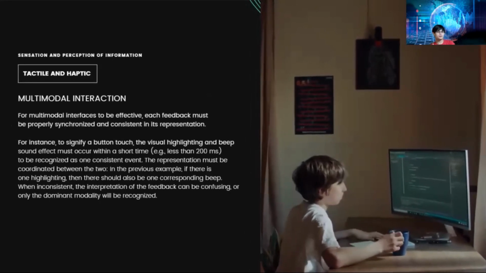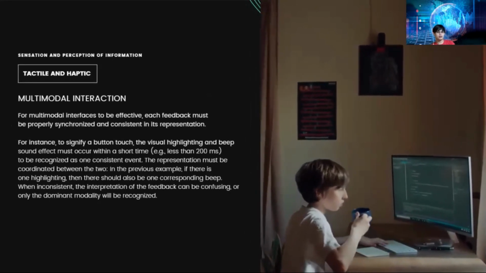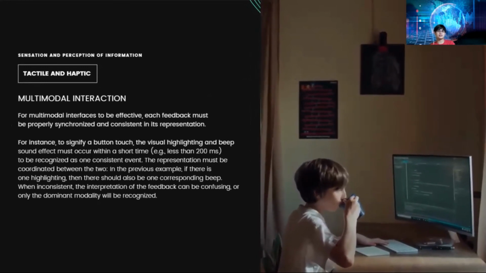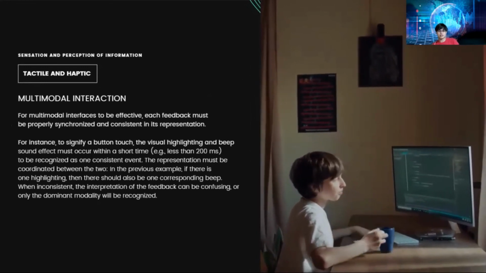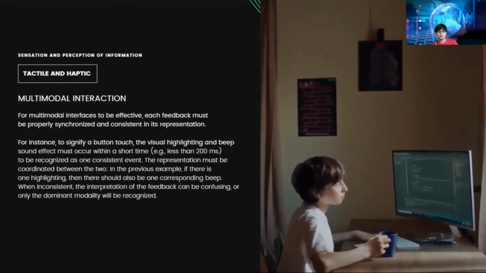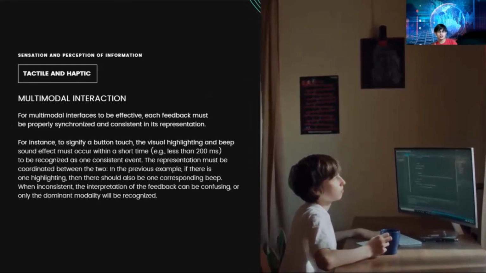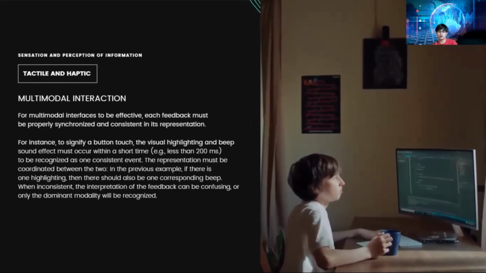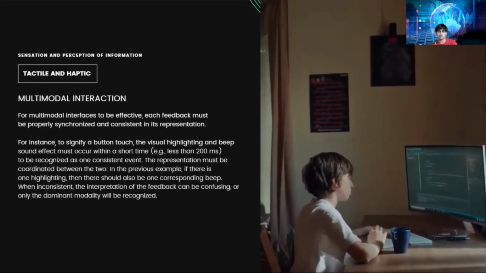So for multimodal interfaces to be effective, each feedback must be properly synchronized and consistent in its representation. So for instance, to signify a button touch, the visual highlighting and beep sound must occur within a short period of time, so around less than 200 milliseconds, to be recognized as one consistent event.